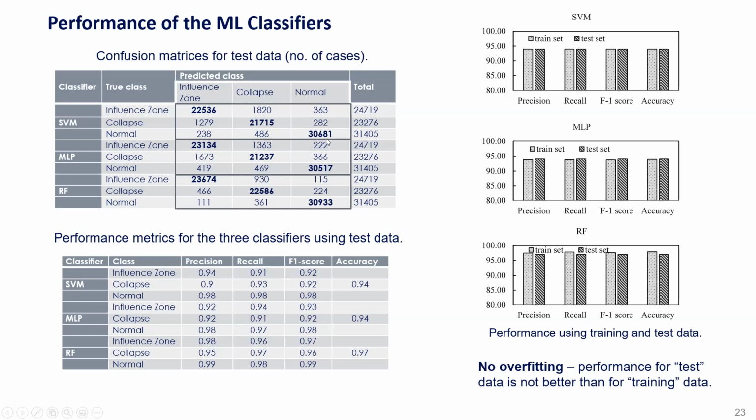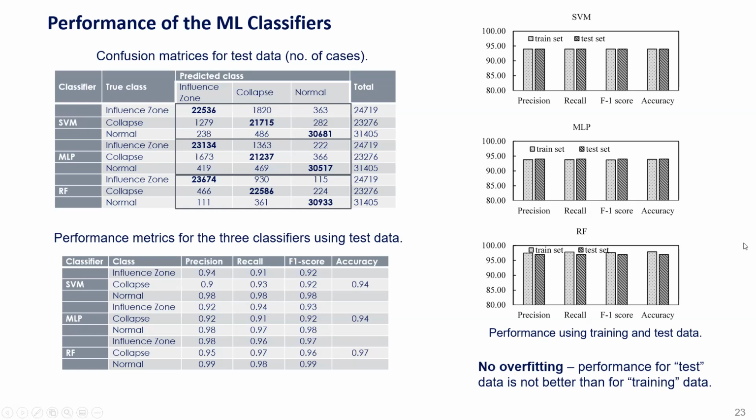So they're all true positive, most of them. In terms of the confusion matrix, the three different classifiers are all working well. You can also look at the precision, recall, F-score and accuracy, and again RF performs the best of the three classifiers.